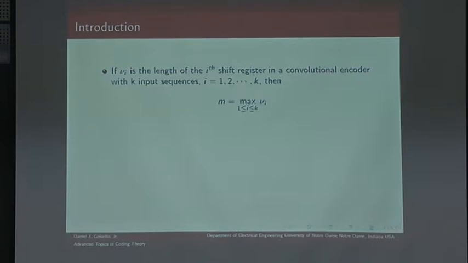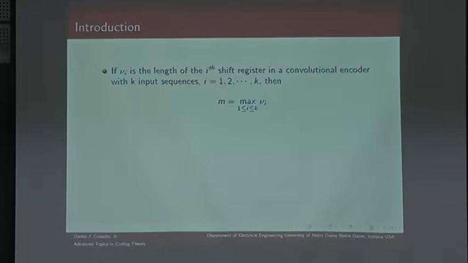Now, nu sub i we generally call the length of the ith shift register. Now, if an encoder has more than one input sequence, the little example we had there just had one input sequence, but k can be bigger than 1. I said k is not going to be large, it's going to be small, but there are codes in practice that are used with values of k of 2, 3, maybe even 4 or 5 at some point.